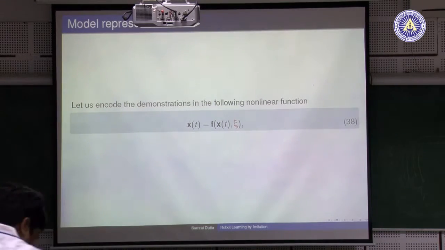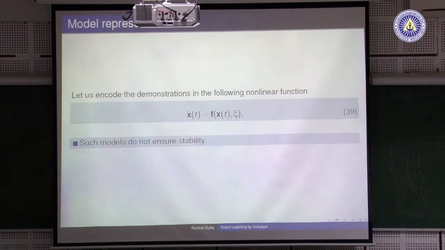So, what we do, we introduce another parameter called xi here, which is basically a parameterization of this model, and it will help us to incorporate additional environmental information into the model, based on which the model will decide which motion needs to be presented here.